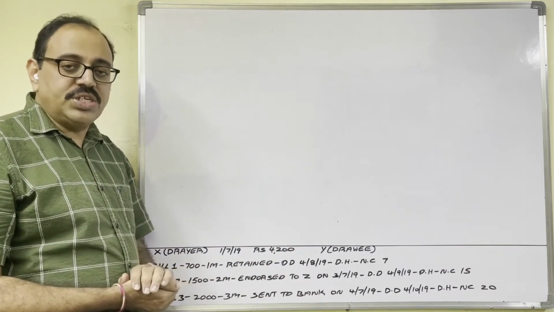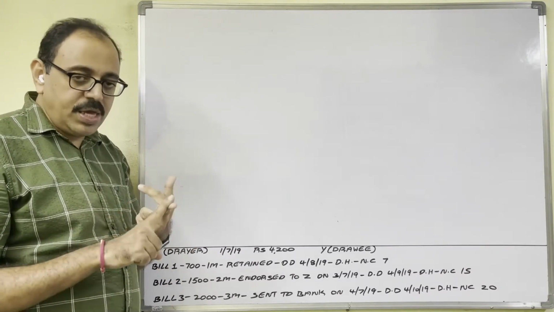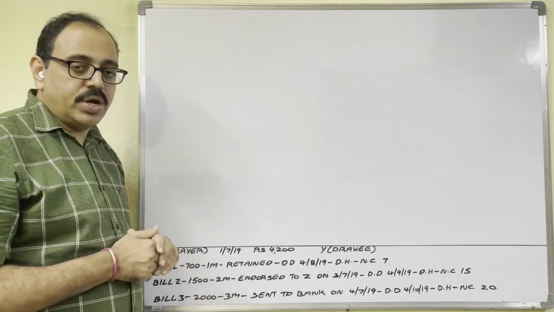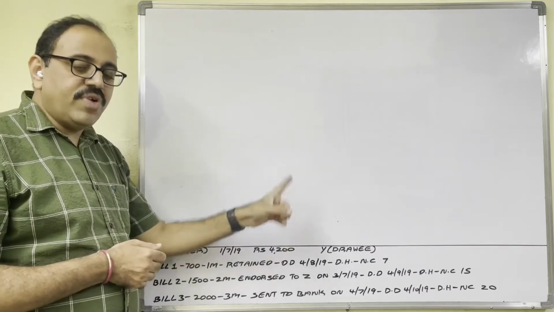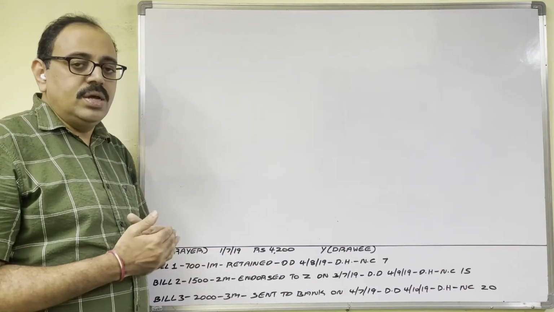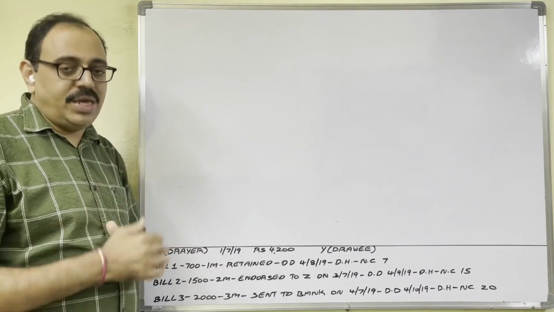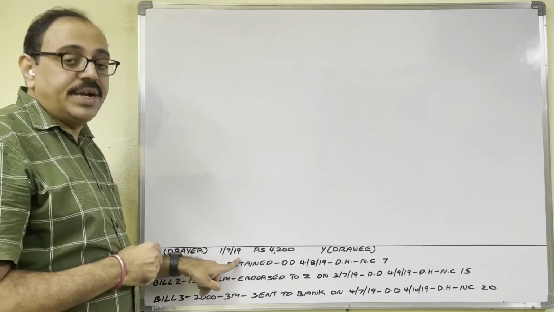For a bill of exchange, there will be 3 parties: drawer, drawee, payee. Who prepared the bill? X, he is known as drawer. On whom he prepared the bills? Y, so Y is known as drawee. Payee means the person who is going to take the money on the bill on the due date. X prepared 3 bills on 1st July 2019.